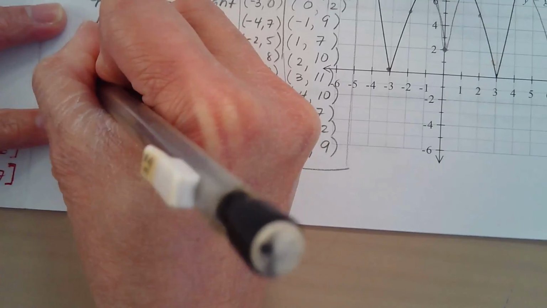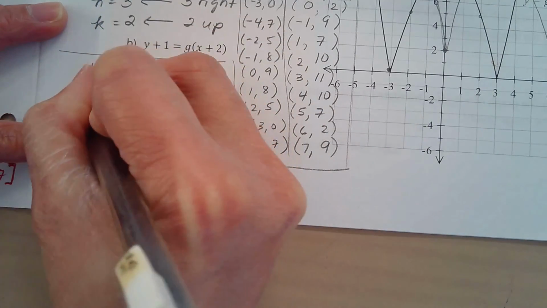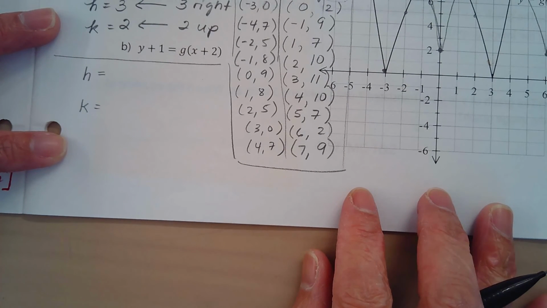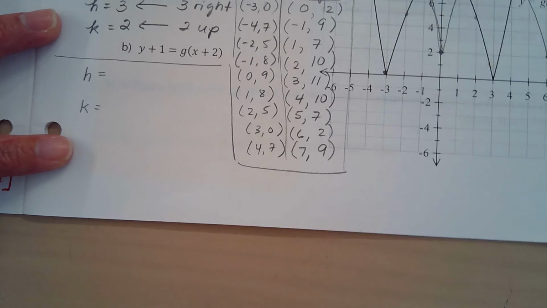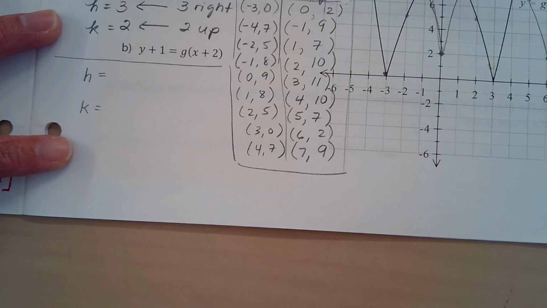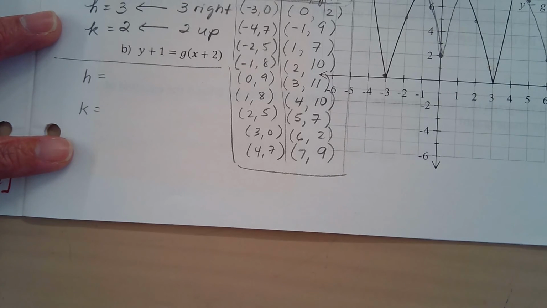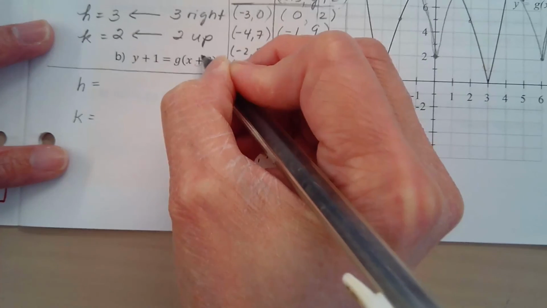What's the h and what's the k value? Remember, it's supposed to be y minus k equals g of x minus h. So what's the h? How did I get a plus 2 there?